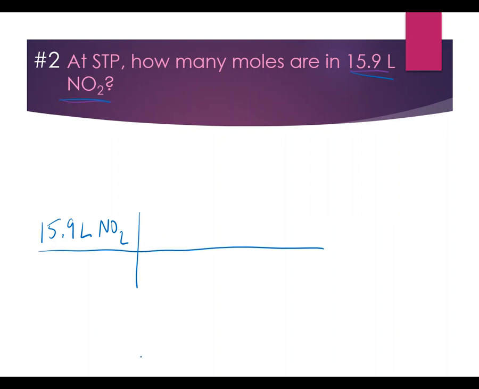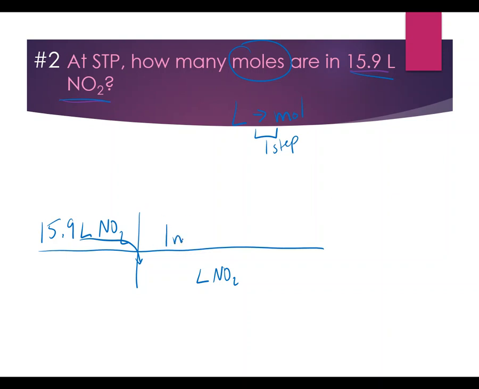Now, in this case, what do I diagonal down? What goes on the bottom? The liters, yep, NO2. So you take this part and you diagonal it down. Good. And of course, I'm going to moles. So this is liters to moles. So this also is going to take 1 step. Liters to moles.